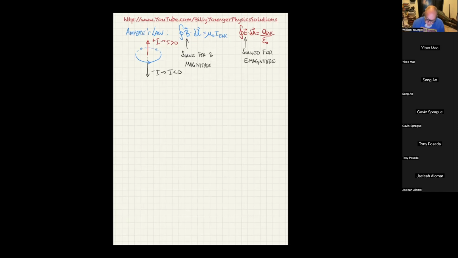So you can look at, for instance, here, you could say this is a dl. Notice it's tangent to the curve at the point, and it actually points in the same direction we're integrating around. What we ideally want is to make sure that B is parallel to it everywhere, or completely perpendicular to it, or 0, so that everything cancels out except for the magnitude on the places where B is parallel to dl.